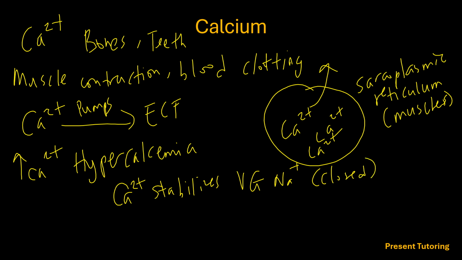That isn't good because the sodium channels need to open in the neurons in order for the action potential and for muscle contraction, for all those things to happen. The calcium needs to be low enough to allow the voltage-gated channels to open up and perform action potentials that can eventually lead to muscle contractions. So, usually, high calcium in the blood means hypercalcemia.